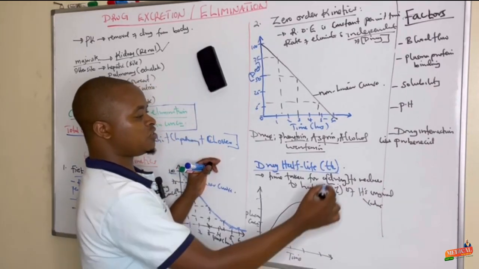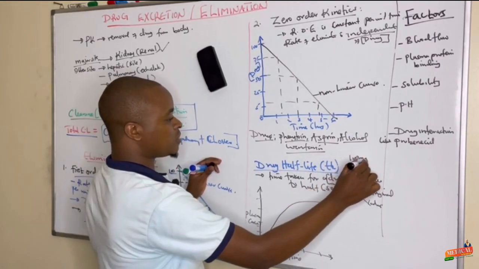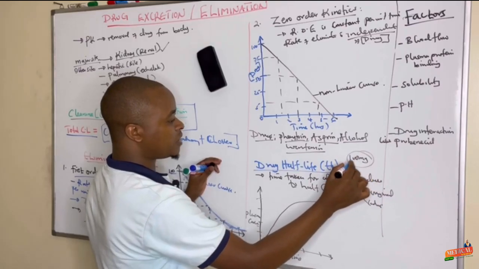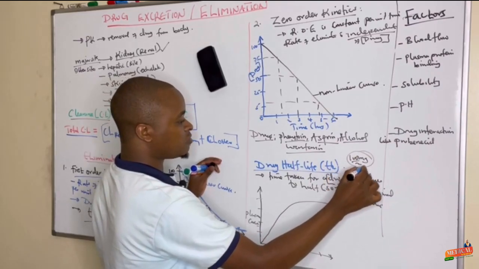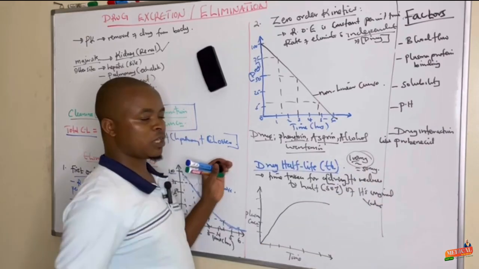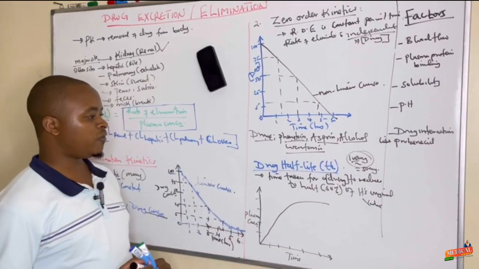If the drug's original value is 100 milligrams, we want to see the time taken for it to reduce by half to 50 milligrams. That is what we call drug half-life.